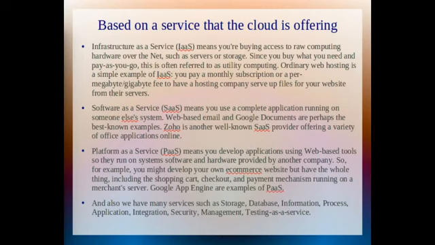Based on a service that the cloud is offering, we are speaking of either IaaS, SaaS, PaaS. Infrastructure as a service. IaaS means you're buying access to raw computing hardware over the net, such as servers or storage.